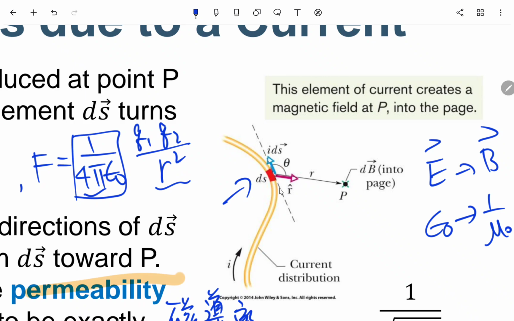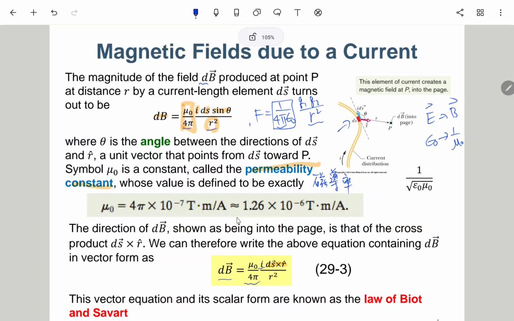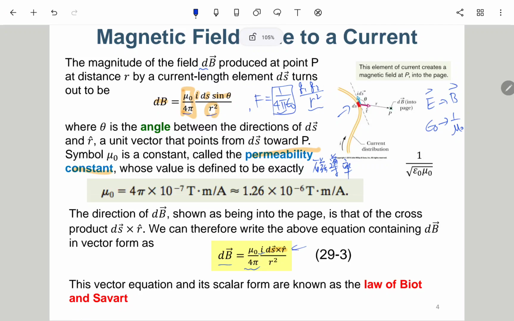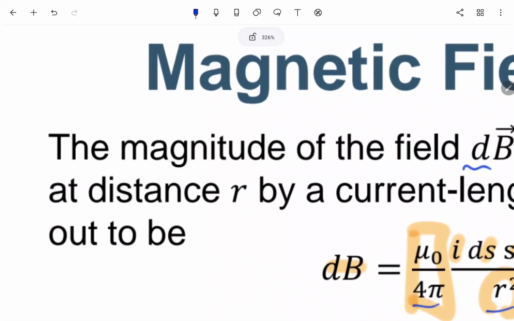And for the r, from this ds, as much as it is so short, we consider it a point. So we connect this ds to the point we are concerned with. This is actually r. And then r hat is the unit vector pointing in this direction from ds to point P. In such a way, we need to calculate ds cross r hat.